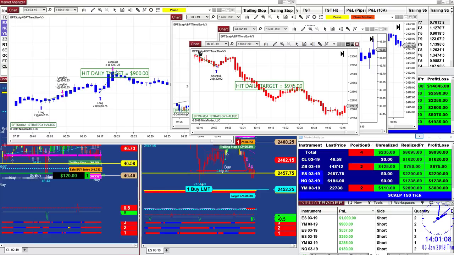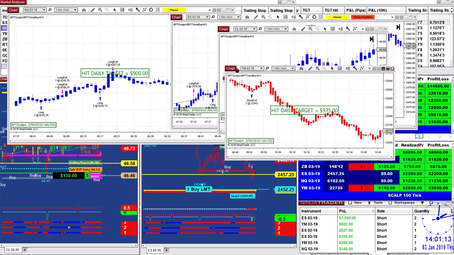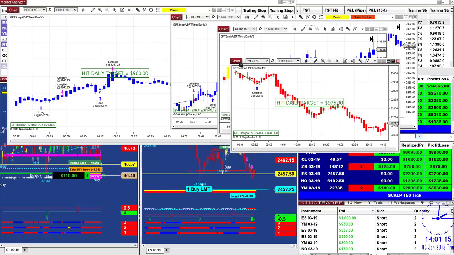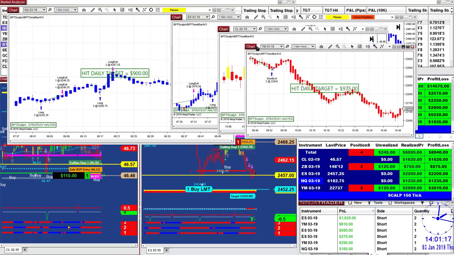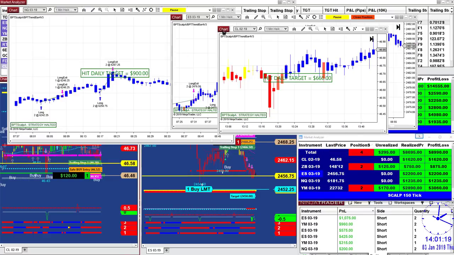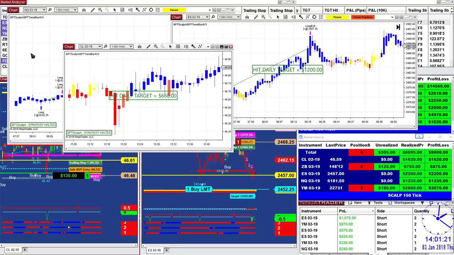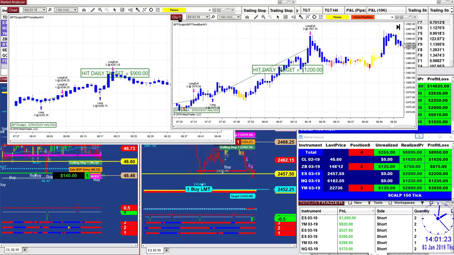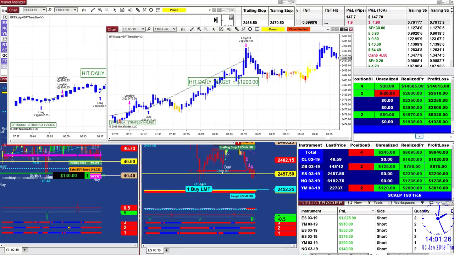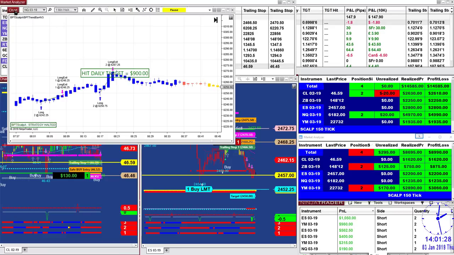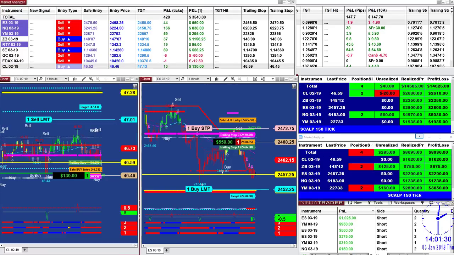If you think about how much it costs, even with the most expensive broker, forget the CL if you don't have it, but YM, ES, and NASDAQ, it's not going to be over 1500.